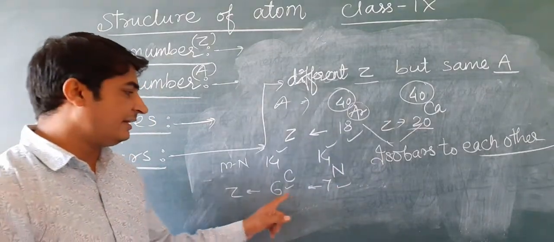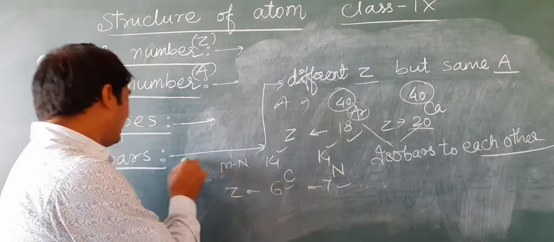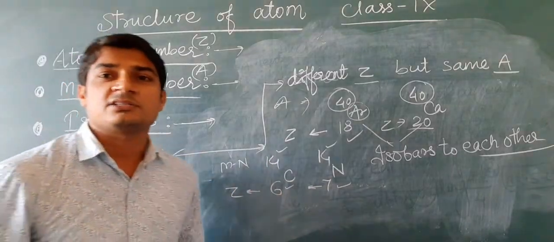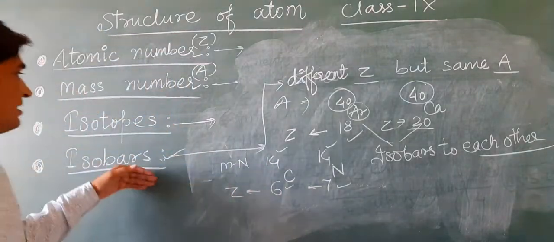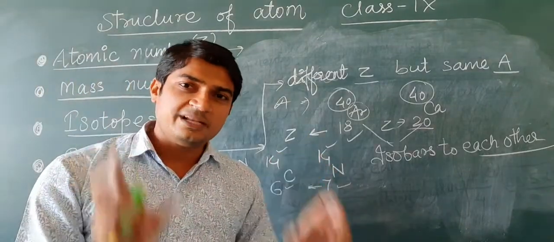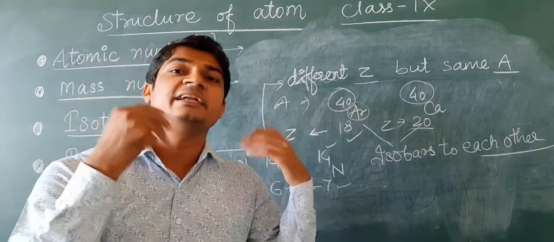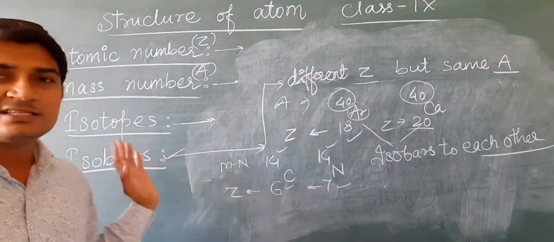So they are isobars to each other. It is just opposite to isotopes. In isotopes, the same element has different atoms with different masses, but here the masses are equal.